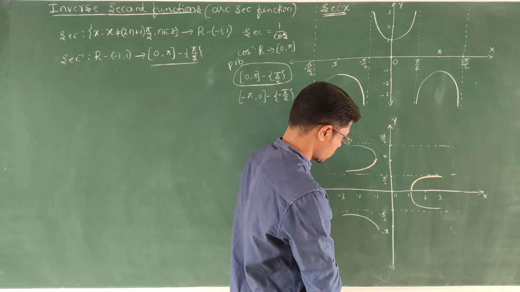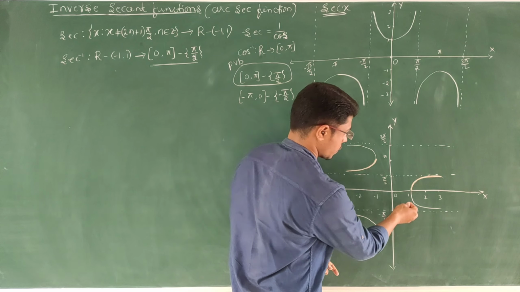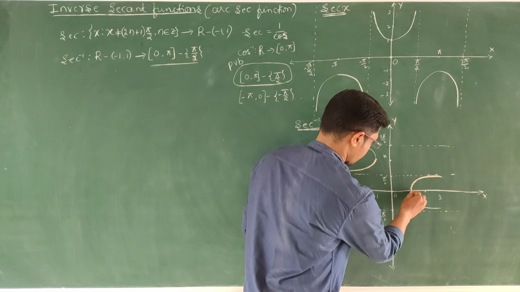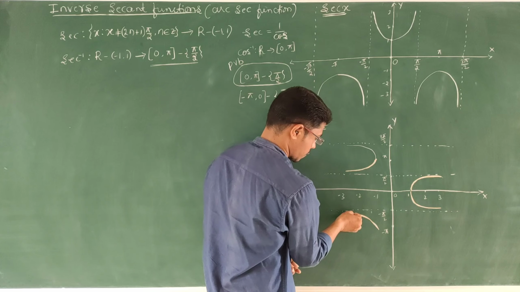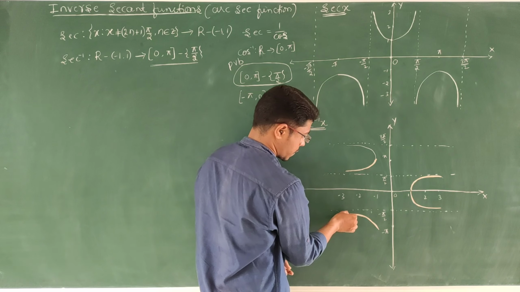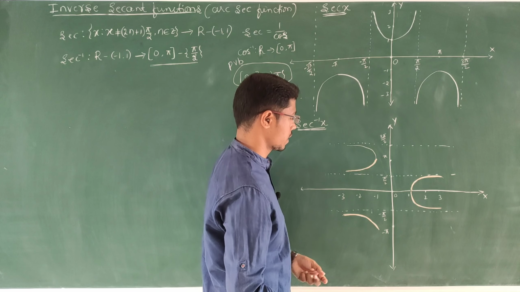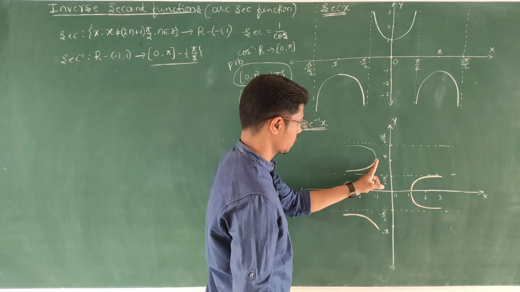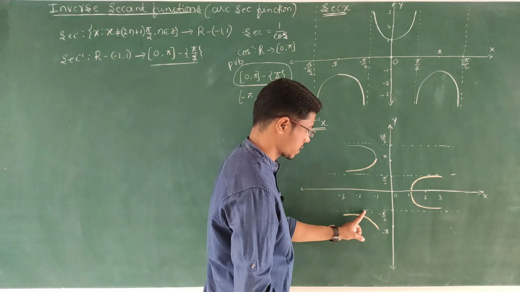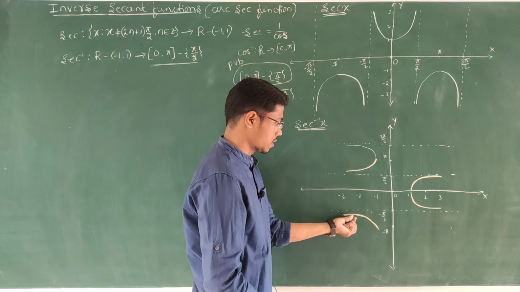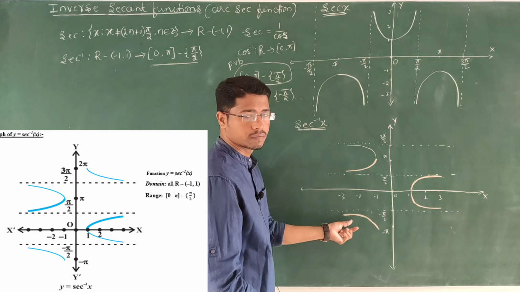Or one more is [minus pi, 0]. In these intervals the sec will become invertible, that is [0, pi] except pi by 2, and [minus pi, 0] except minus pi by 2, because this graph doesn't meet pi by 2 anywhere.